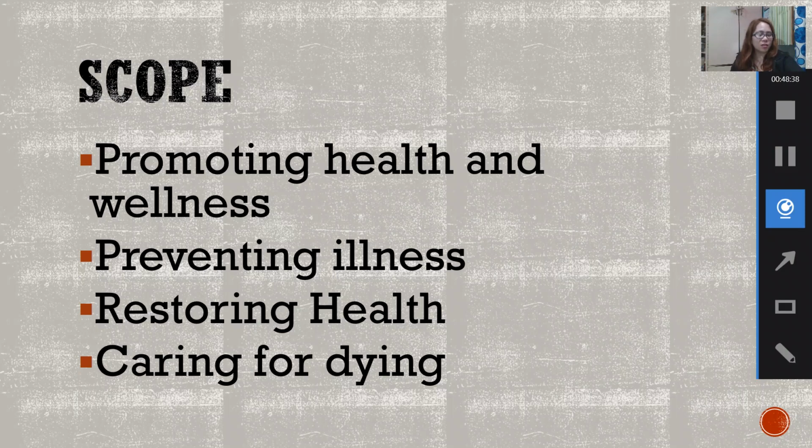Or ang nakikita natin ngayon na binibigay ng government na laging nagpapaalala sa inyong mga cellphone na may message sa inyo na pabakunahan ang mga batang 9 months above, lalo na yung mga 9 months old against tigdas, o di ba yung polio vaccine, and so on and so forth. Okay, prenatal check-up, those are under your preventing illness.